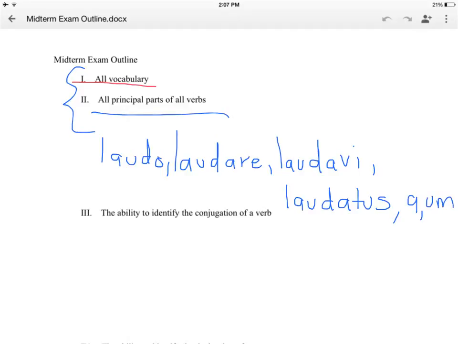The only one that I've abbreviated is the 4th principal part, laudatus, laudata, and laudatum. The root is L-A-U-D-A-T-U-S.